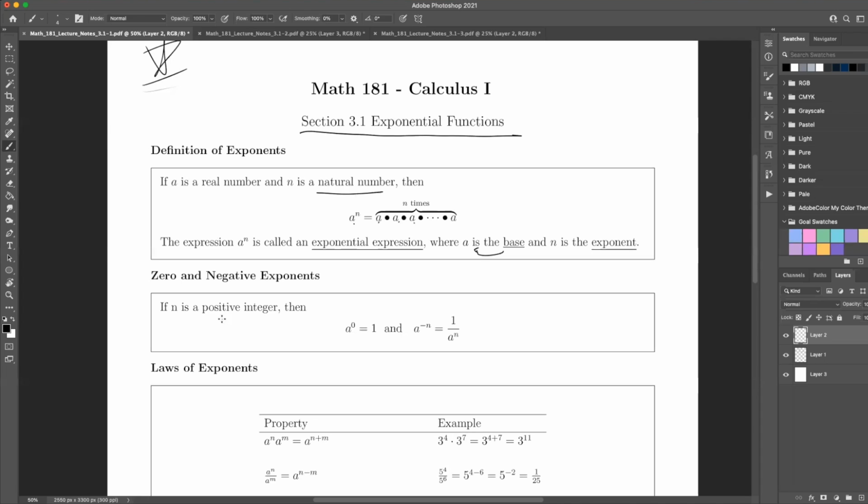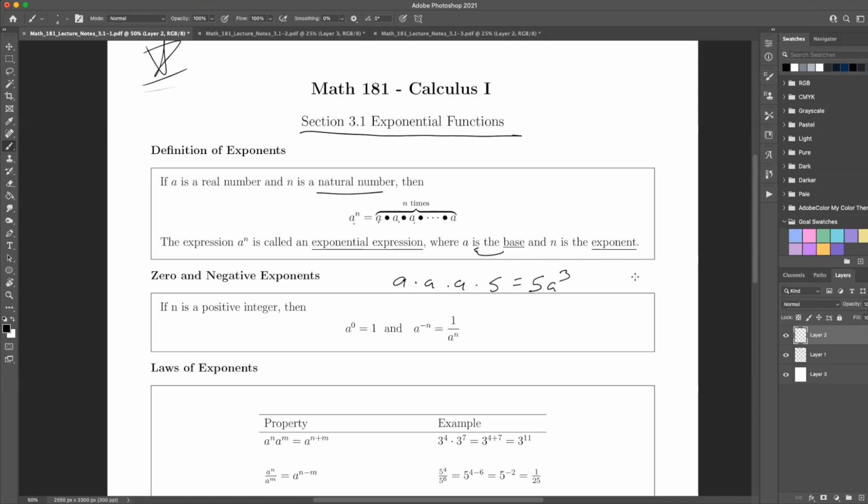Now, if n is 0 or negative, a to the 0 is 1. The reason is that if I have a times a times a times 5, this is 5a to the third.